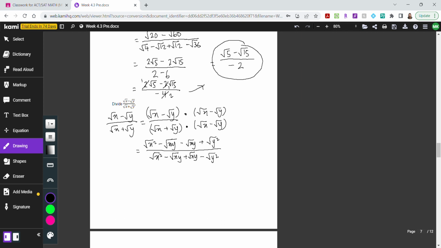Now let's simplify and group the top and bottom as much as we can respectively, right? So from here we are going to get x minus 2 square root xy plus y divided by x minus y. And this will be our solution.